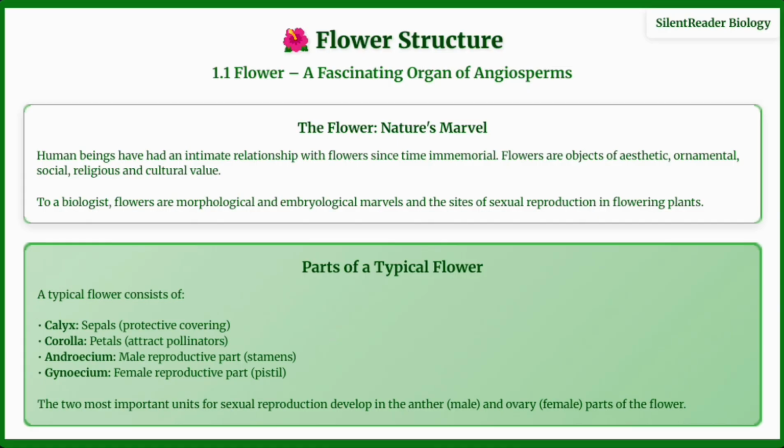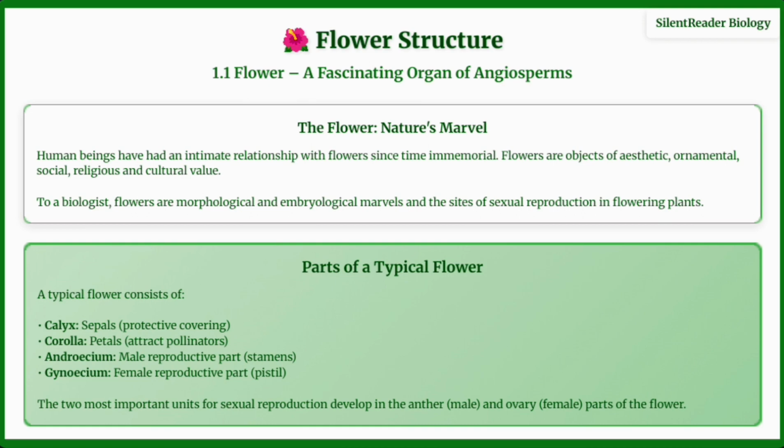A typical flower consists of four main parts: the calyx made of sepals that provide protective covering, the corolla composed of petals that attract pollinators, the androecium, which is the male reproductive part containing stamens, and the gynoecium, the female reproductive part consisting of pistils.